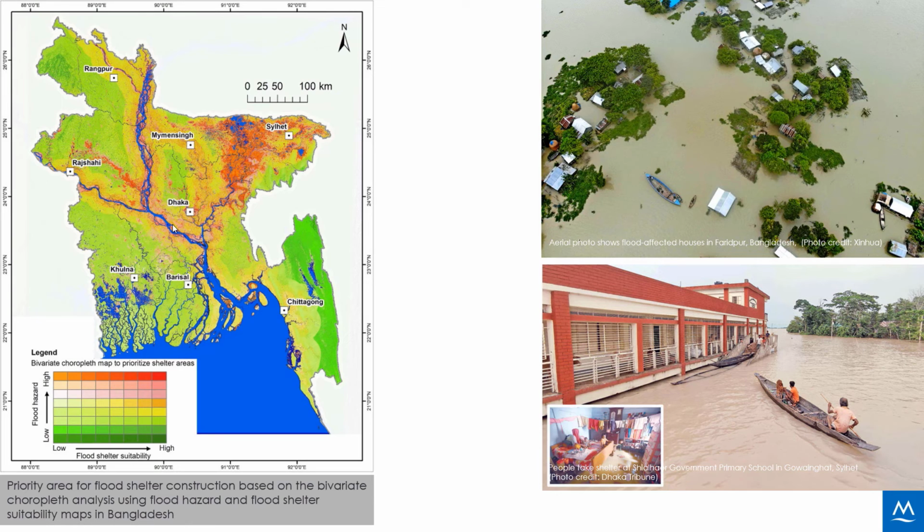If the government converted more schools, as in the recent flood, people are taking shelter there. Even a flood shelter can also be inundated, but if the government looks at where suitable areas are, they can build close to the houses, and I think this will be very useful.